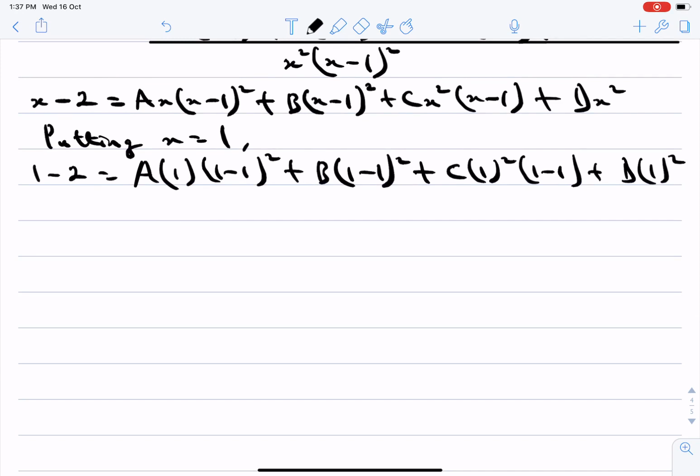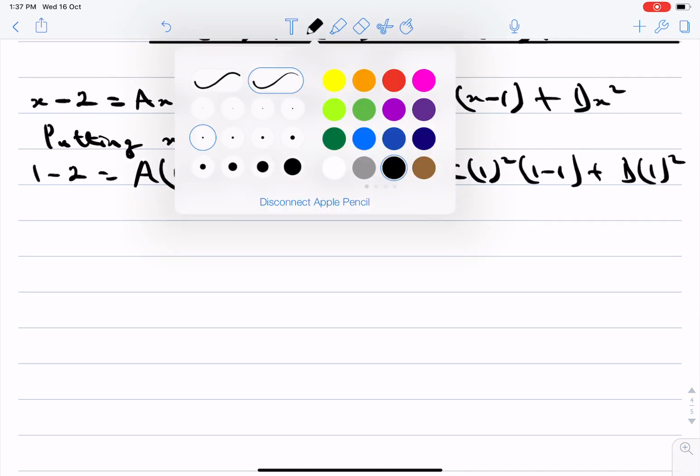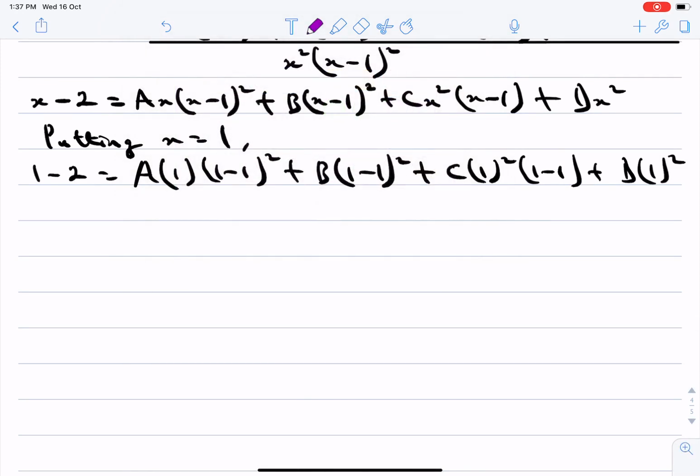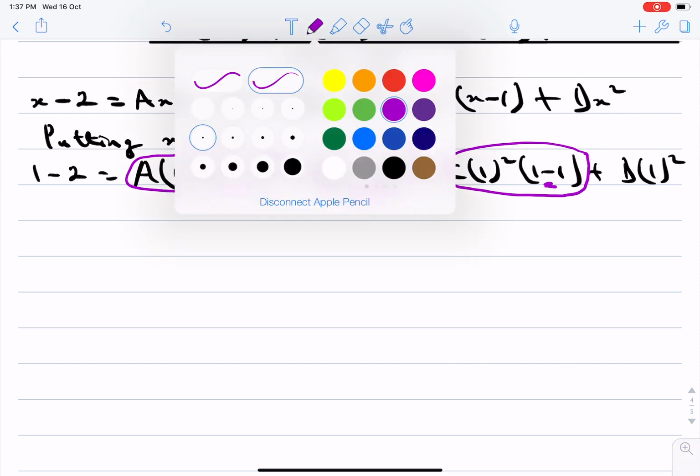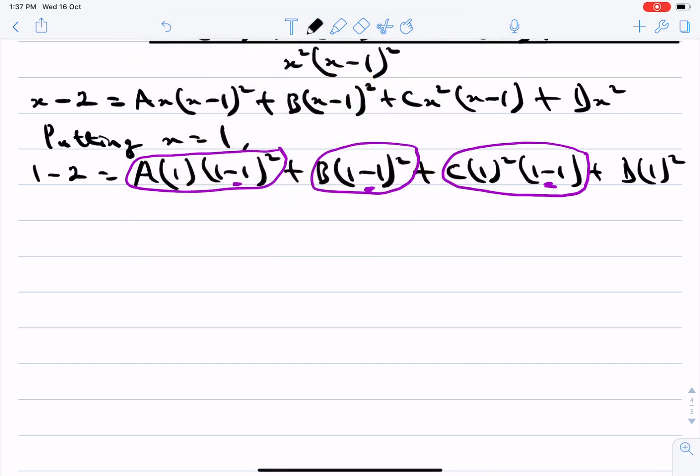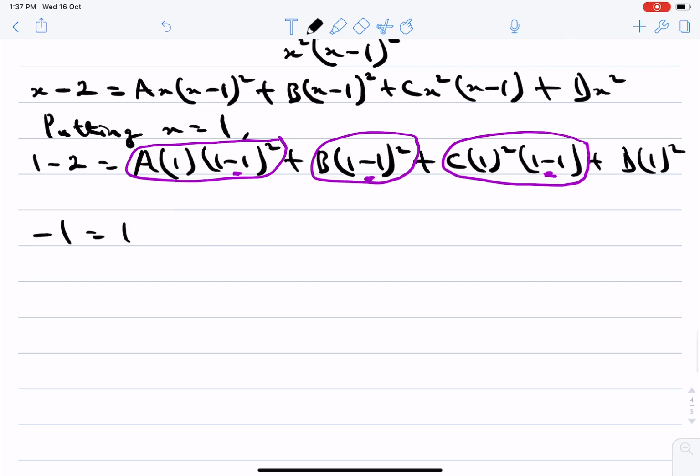What do we have? 1 minus 1 is 0, and that means the whole of this is 0. 1 minus 1 is 0, and that means the whole of this is also 0. 1 minus 1 is 0, that means the whole of this is 0 too. So, what are we left with? On the left hand side, we have minus 1. 1 minus 2 is minus 1. And on the right hand side, we are left with d times 1 squared, which is d. So, d equals minus 1.